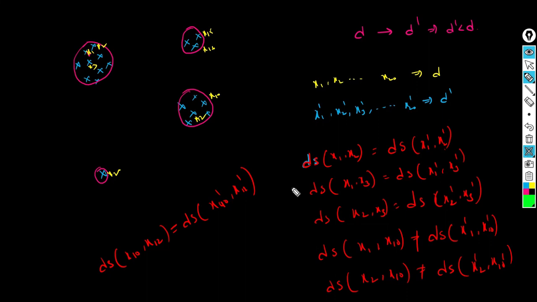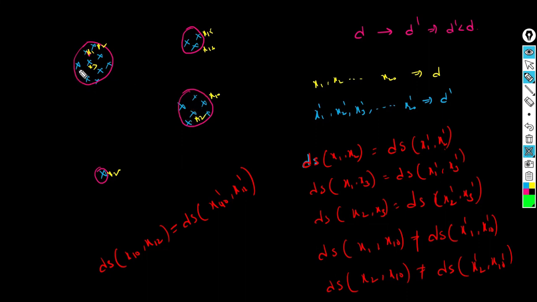In this way, the distance between x1 and x2 is the same as between x1 dash and x2 dash. By applying t-SNE, we preserve the distance between points within a cluster, and we do not preserve the distance between points outside the cluster.